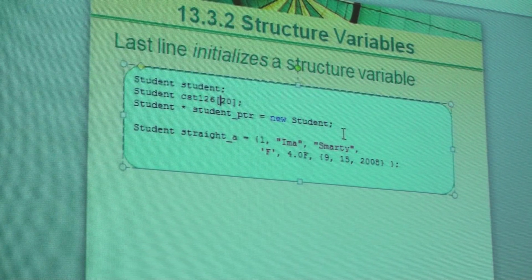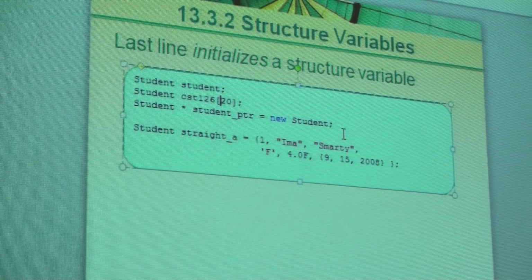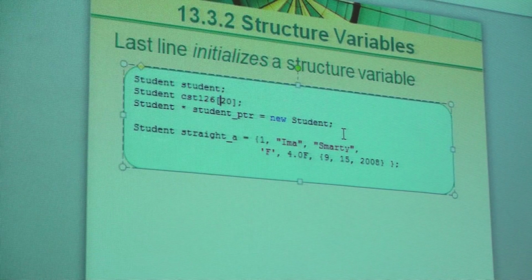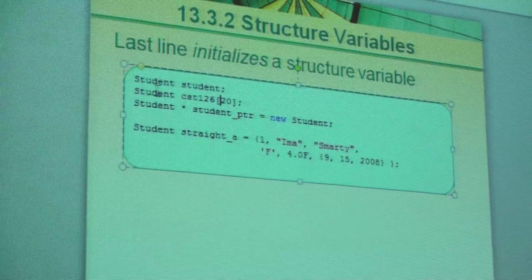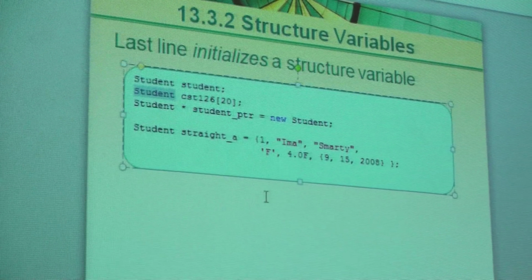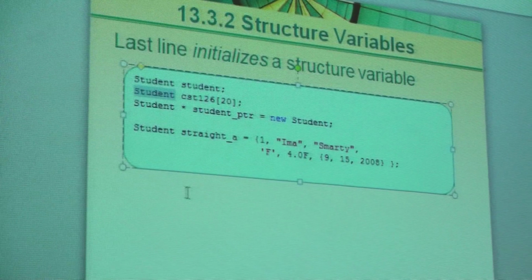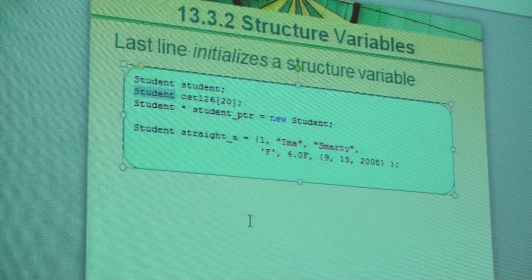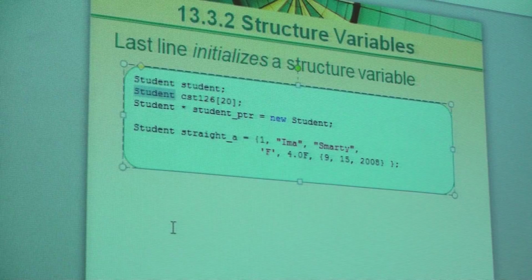Here, create an array, and each cell in that array, memory is actually allocated for all 20 cells, and each cell is student long. Each cell has student as its value, its data type. Now the values that are in each of those cells, who knows? We don't know.